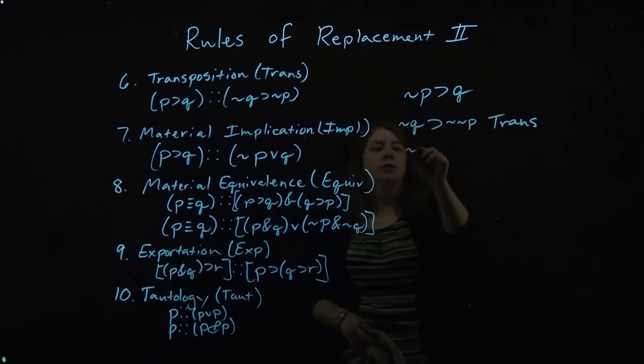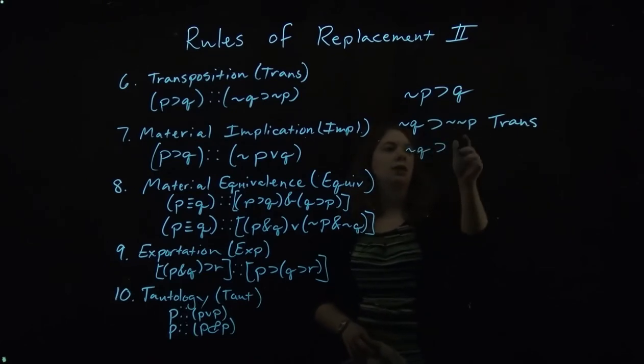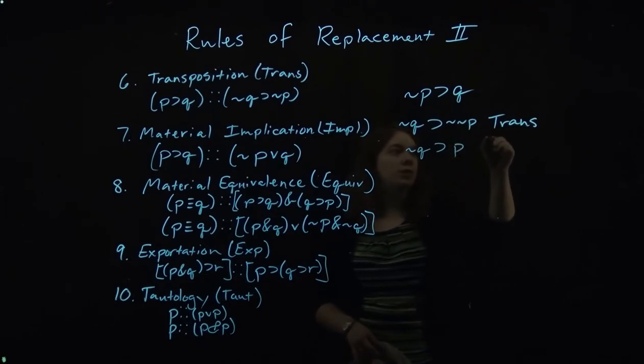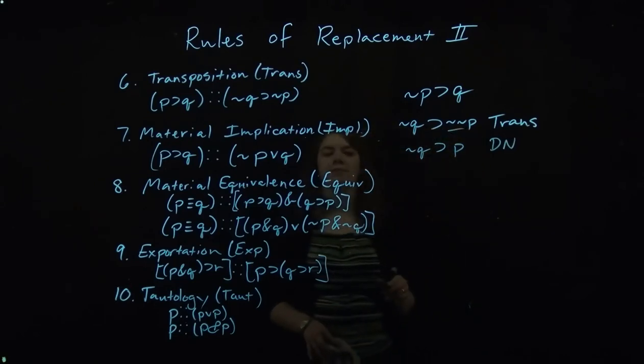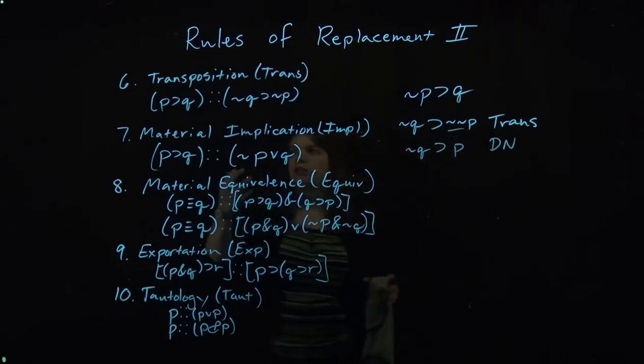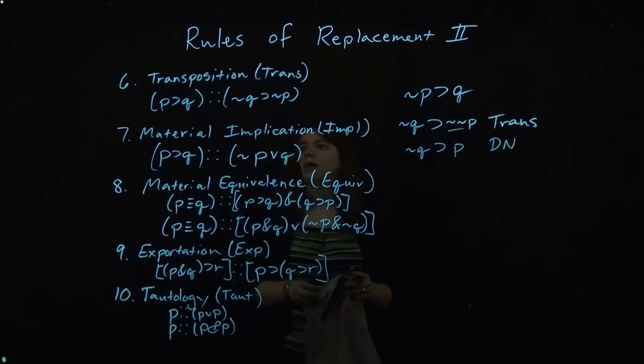And then we would go not Q again, because we don't want to just keep double negations there. We want to eliminate them. So we have P, and we used double negation on the previous line to get rid of these 2 tildes here. So transposition is pretty easy to understand.